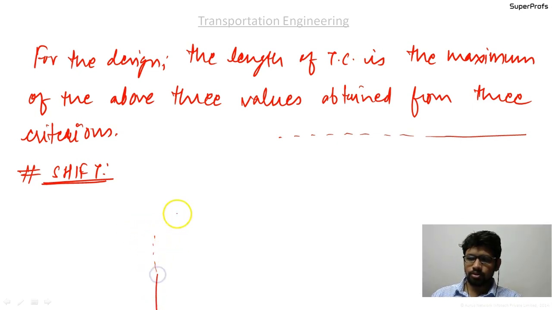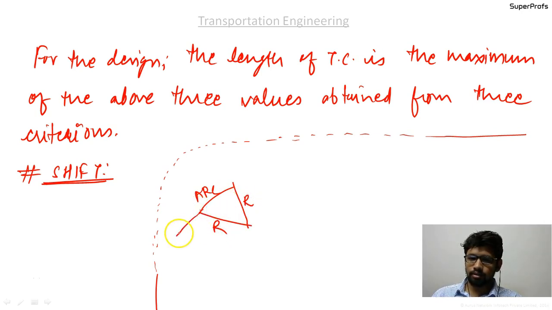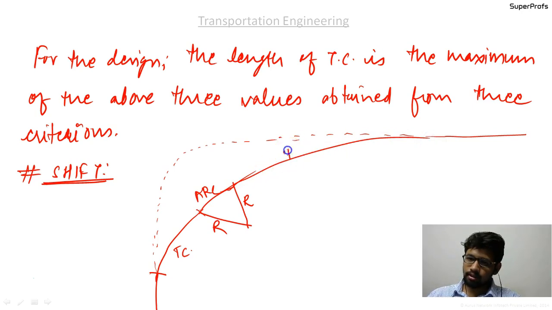Here would have been the horizontal curve like this, but because of provision of the transition curve, we provide some arc having radius R, and the transition curve is over here. I am not able to draw it properly, but please understand that this is the transition curve.